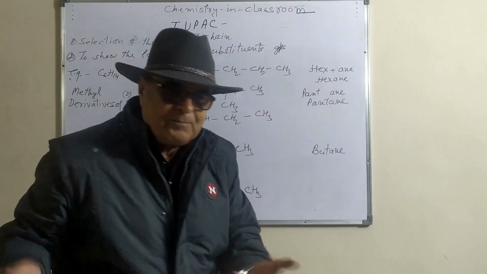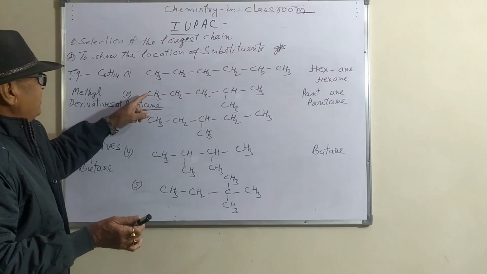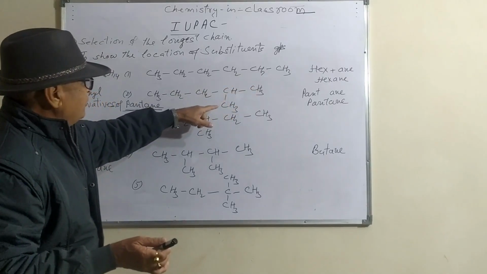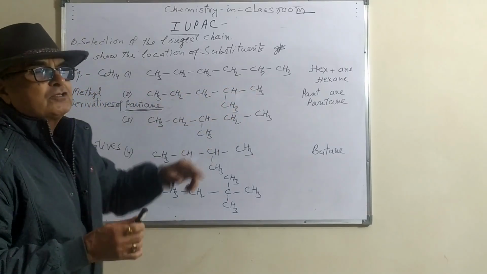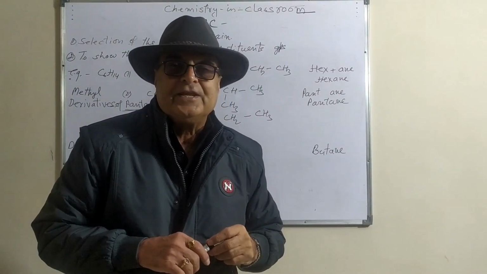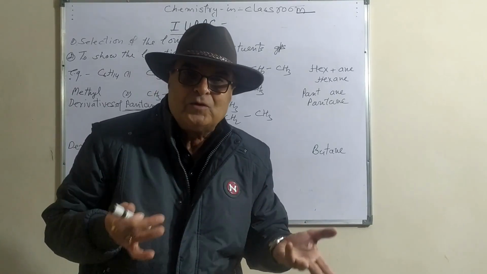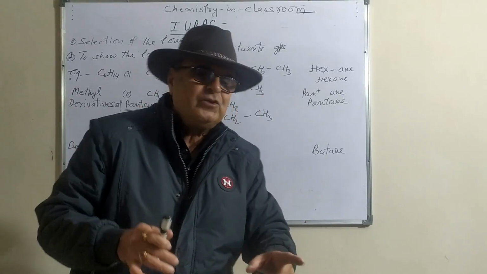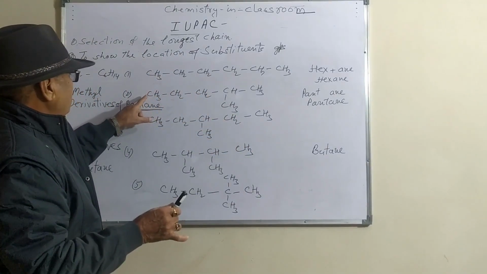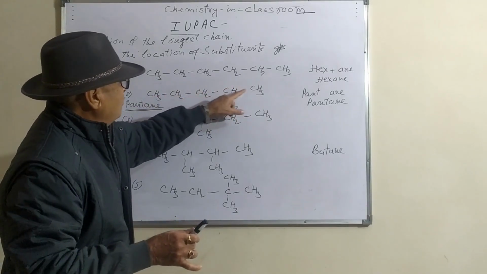Very simple. But in this second case, when I write 5 carbon atoms in a chain and the 6th carbon atom as a substituent group, the name of this compound will not be hexane. How will you get the name of this compound? Again you count the number of carbon atoms in the chain: 1, 2, 3, 4, 5.